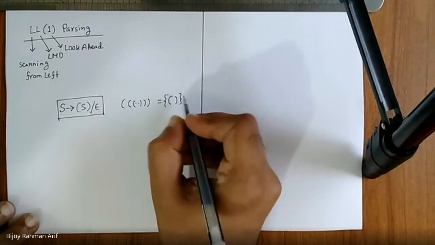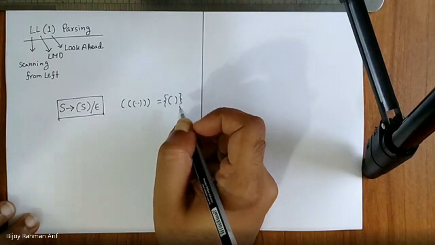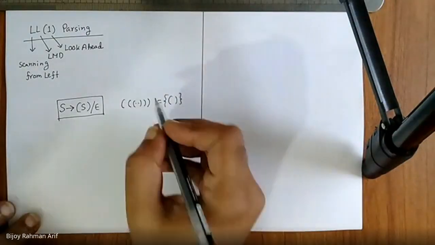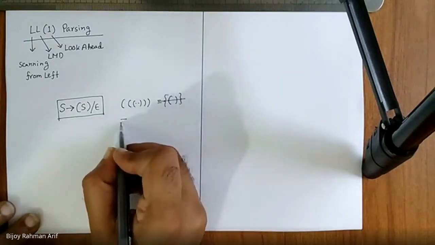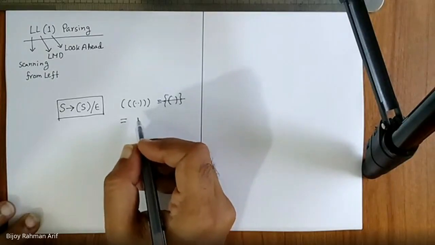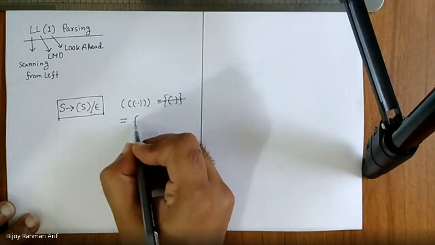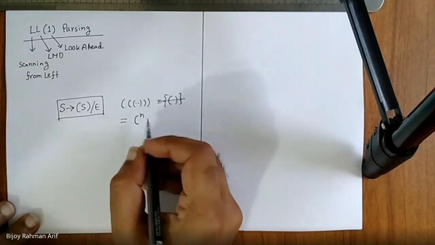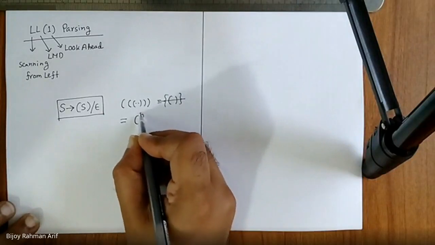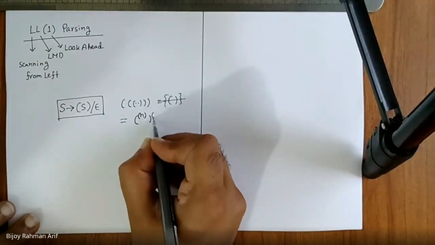So you can write it this way. It is something like open brace to the power n, close brace to the power n, because this is a context free grammar, so it cannot be a regular expression. Okay, so opening brace n number of times, closing brace n number of times.